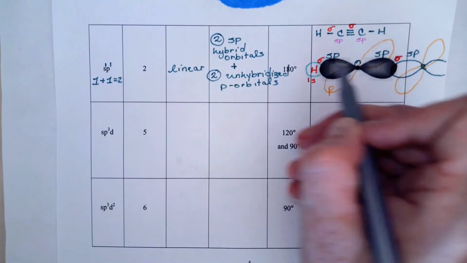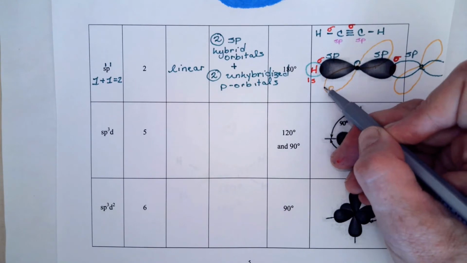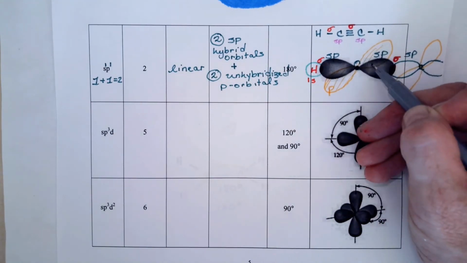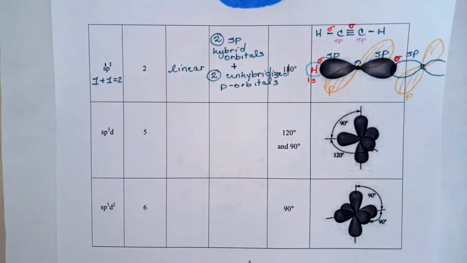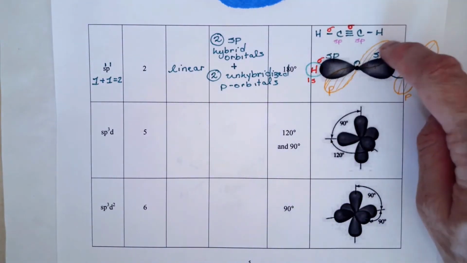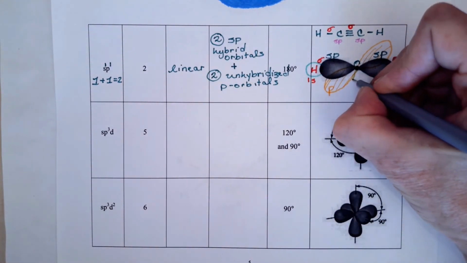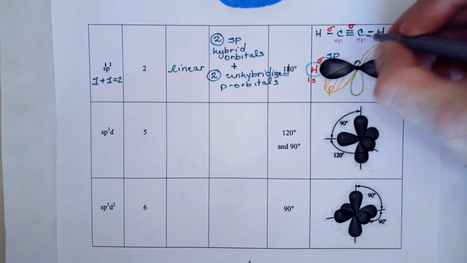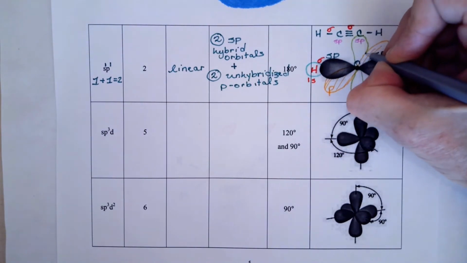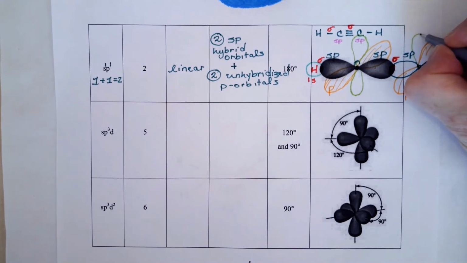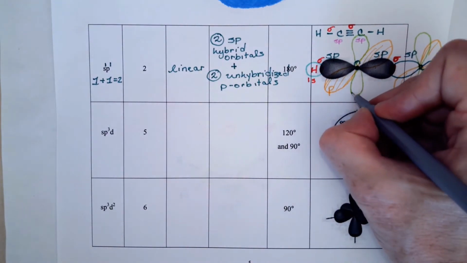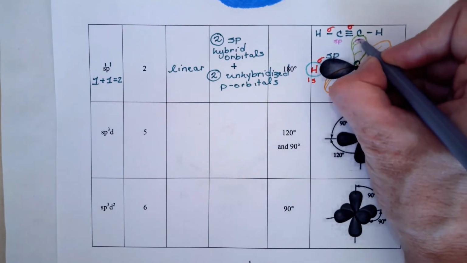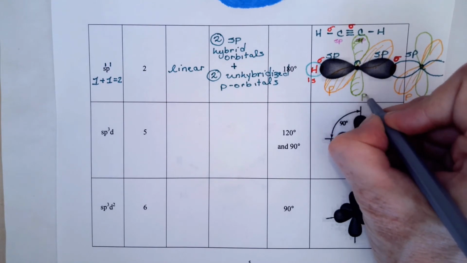We got 1, 2, that's the two sp, and right now I've just drawn in one p orbital. So we need a second p orbital. If this is x and this is y or z, then we're going to have another one in the third direction. They're all 90 degrees relative to one another. So this will be our second p orbital.